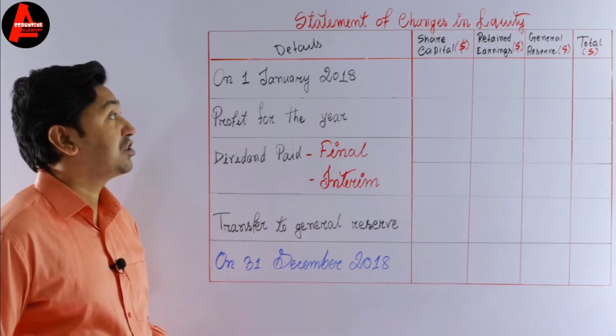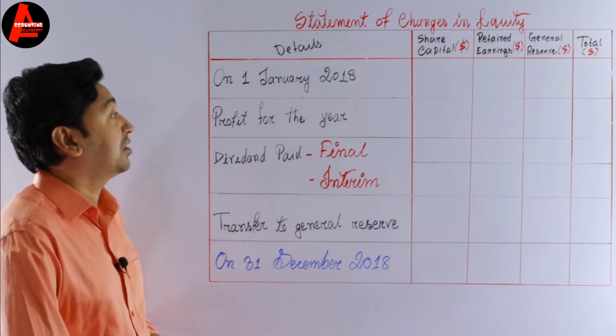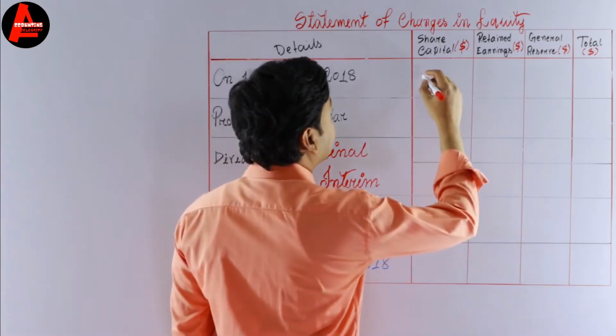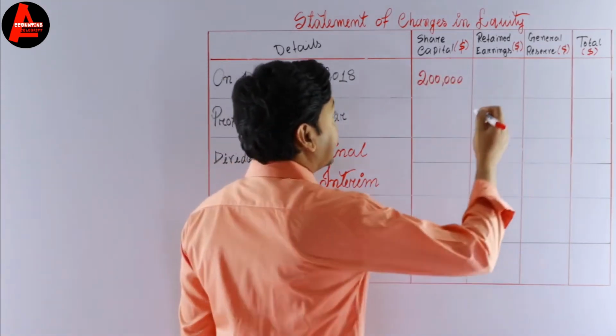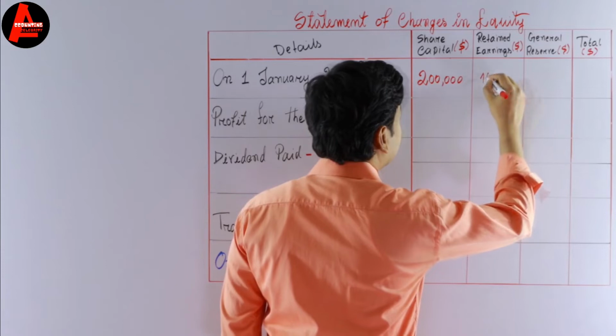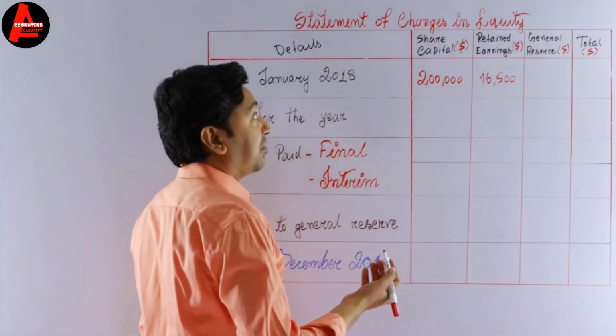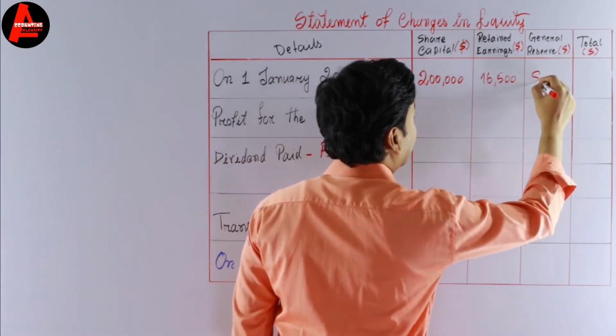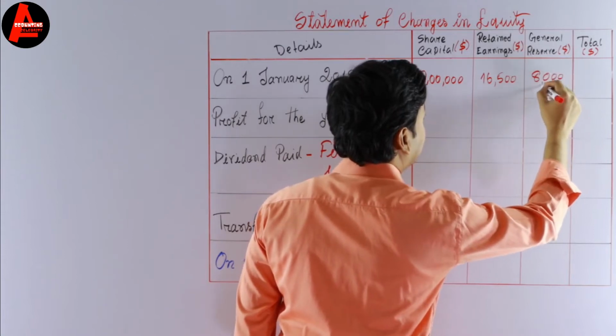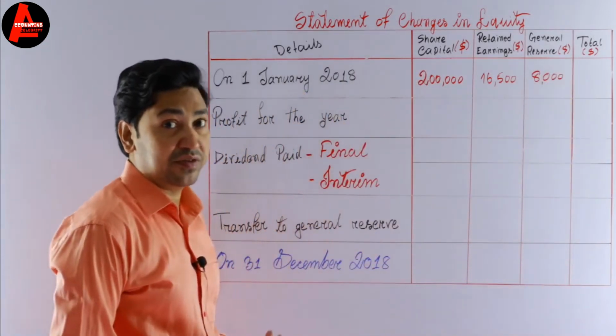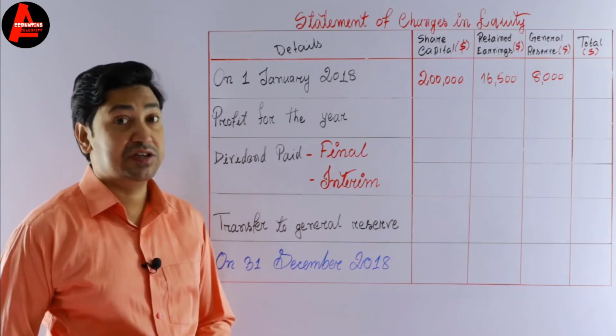Our share capital is $200,000, so let us write $200,000 here. Retained earnings is $16,500, and general reserve is $8,000. These are the opening balances we recorded first of all. Now let us have a look at the question once again.